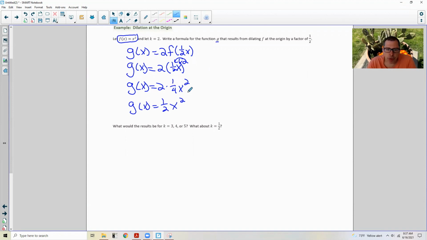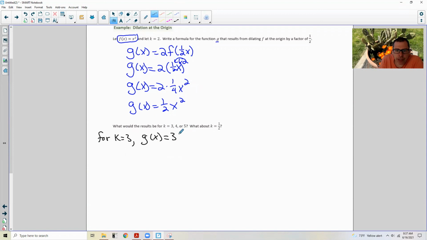All right, so now it says, what would the result be for k equals 3, 4, or 5? And what about k equals 1/2? Okay, so let's do these. So for k equals 3, g of x is going to equal... I'm trying to think if I should cut corners here or not. Let's just try to do it without. So it would be k equals 3.